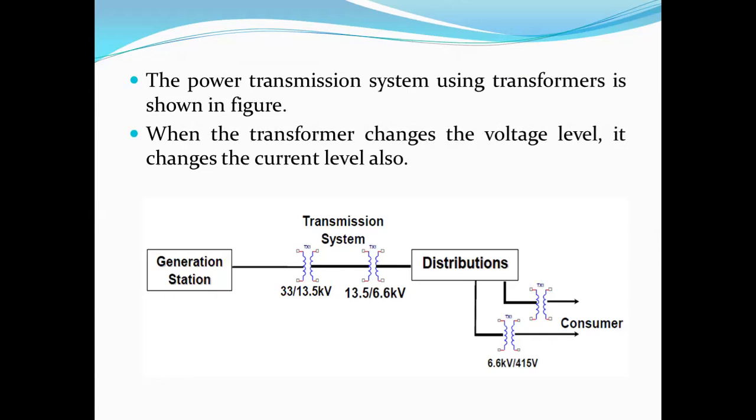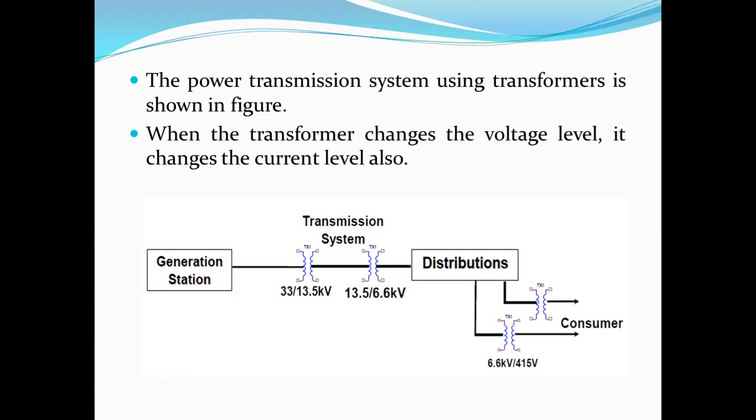Here is the block diagram of the total power system. At generation plants, 3.3 to 26 kilovolts is stepped up by the step up transformer.